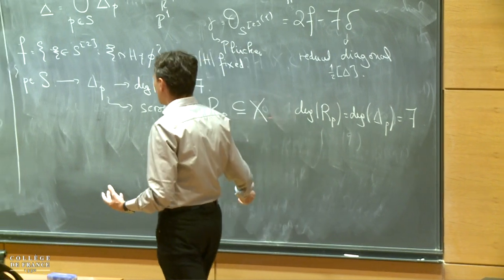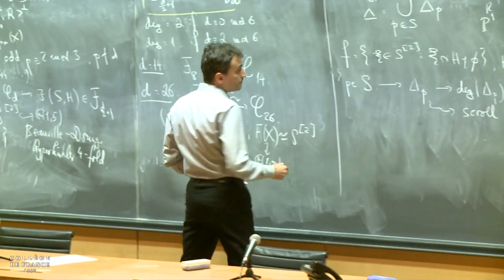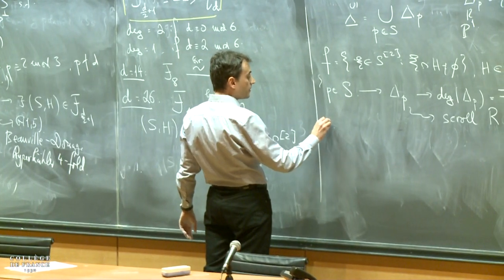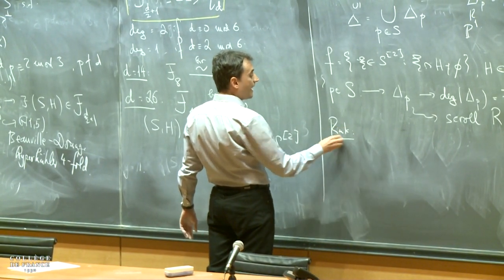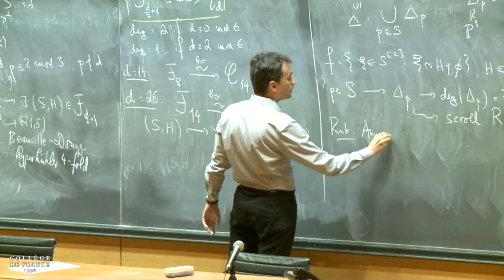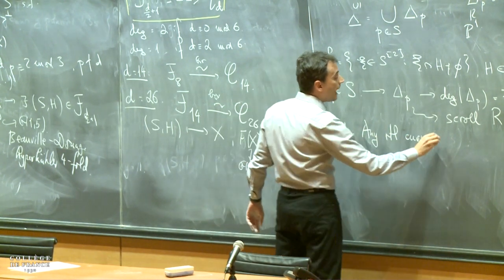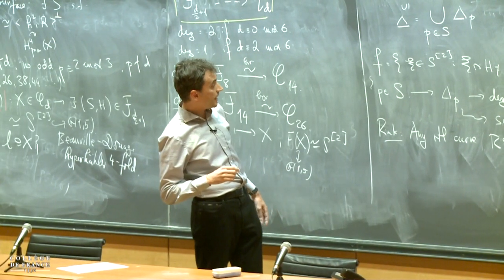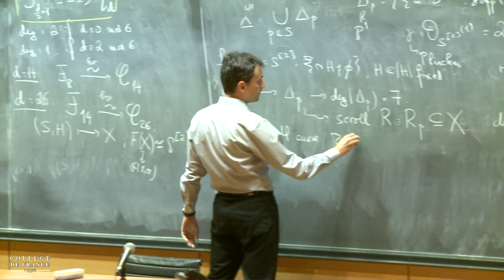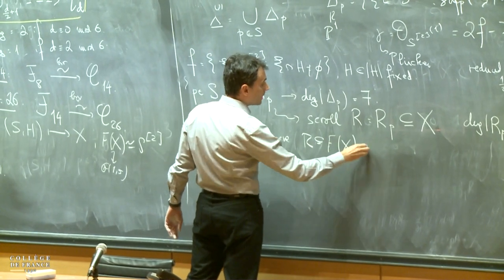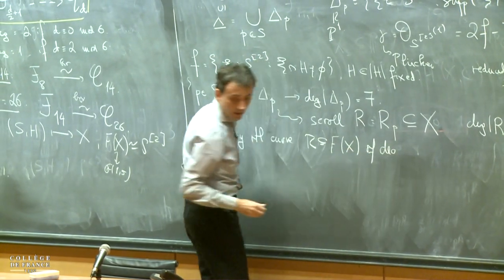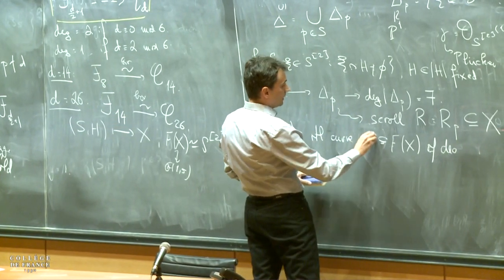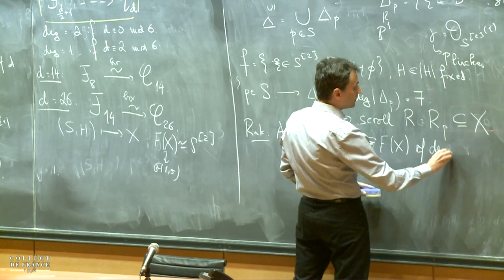And in fact, you can also go backwards, because it's a simple argument with the Beauville-Bogomolov pairing. So a remark here: any rational curve gamma inside FX of degree 7, right?